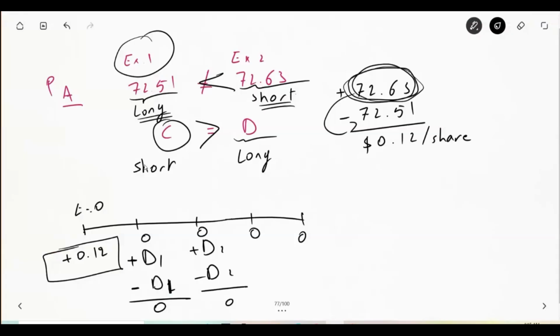So buying the shares on exchange 1 and shorting the shares on exchange 2 will push the price per share on exchange 1 up, and those short positions will push the price down on the second exchange. So what will happen later on, the two prices are gonna be equal, so the arbitrage opportunity is eliminated.